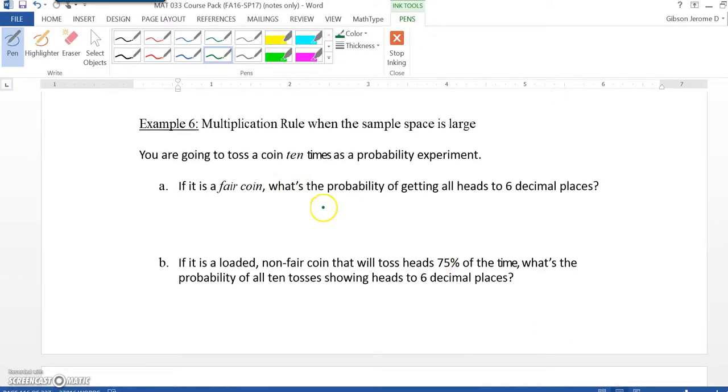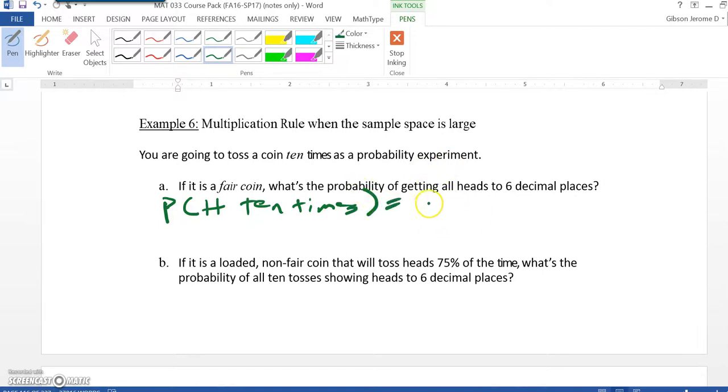Okay, now we go to example 6. Multiplication rule when the sample space is large. You are going to toss a coin 10 times as a probability experiment. If it is a fair coin, what's the probability of getting all heads to 6 decimal places? So we have the probability of heads 10 times.